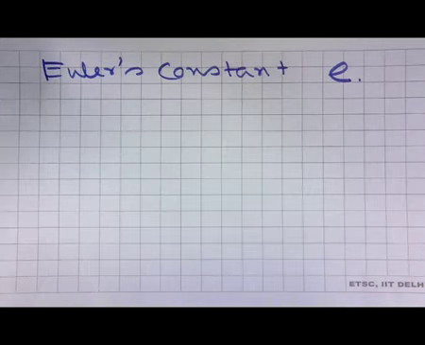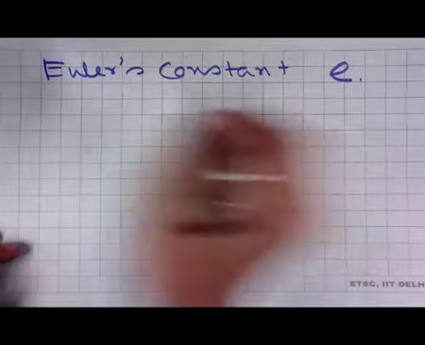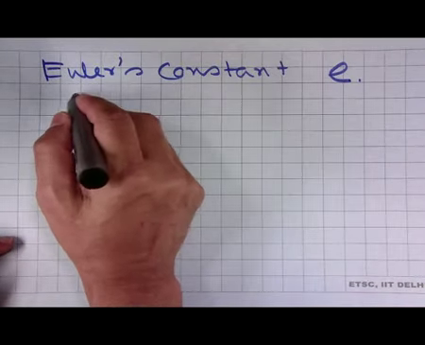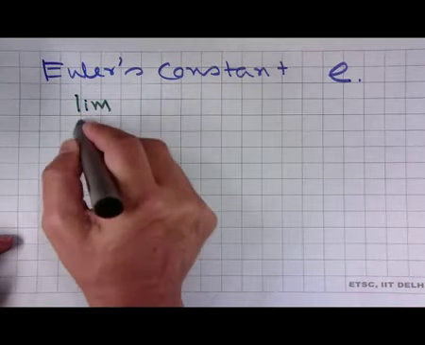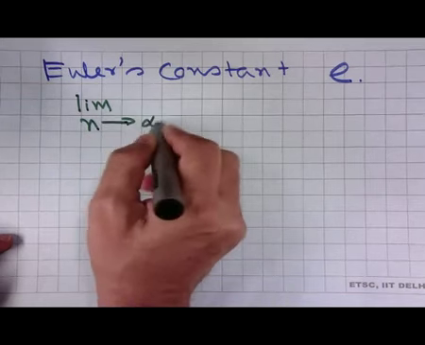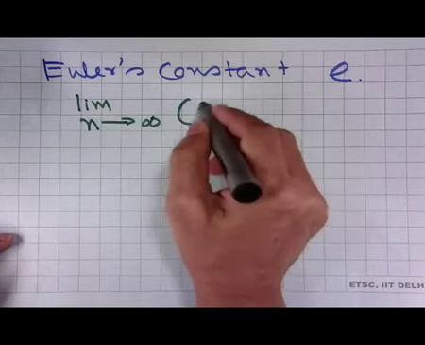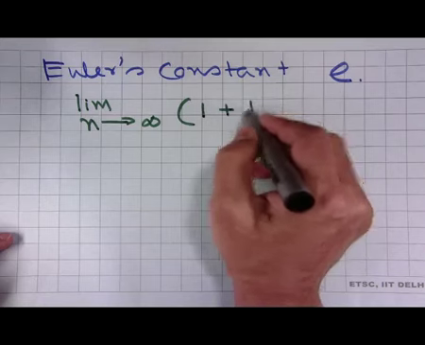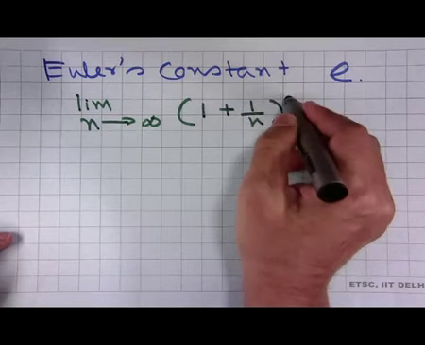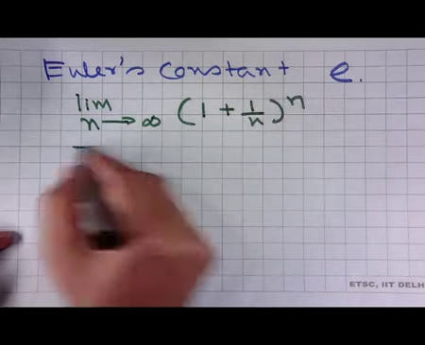All of you have been using e because the natural logarithm that we take is against e, and e is defined as the limit n goes to infinity of (1 plus 1 by n) whole to the power n.